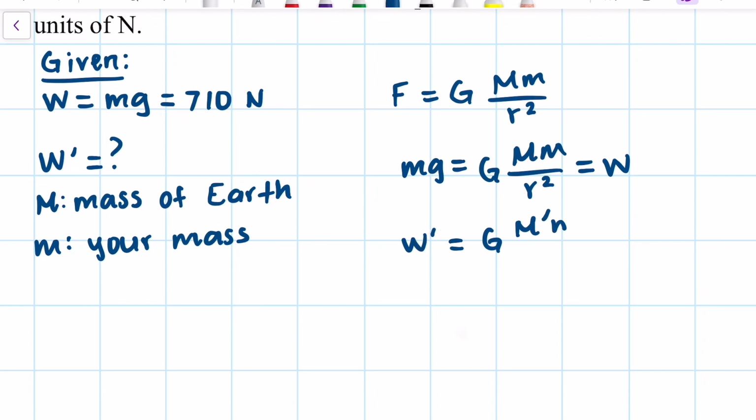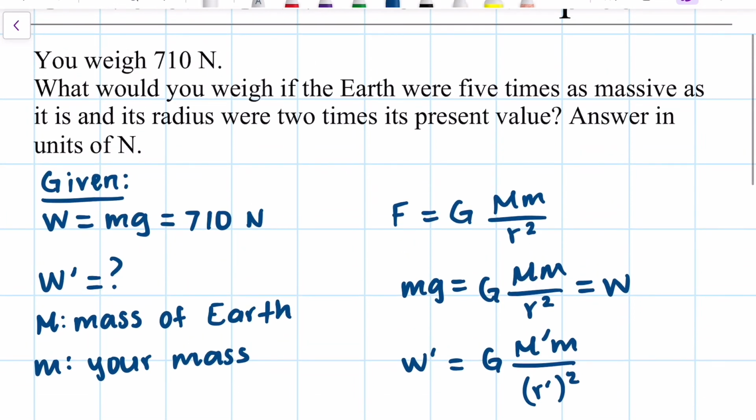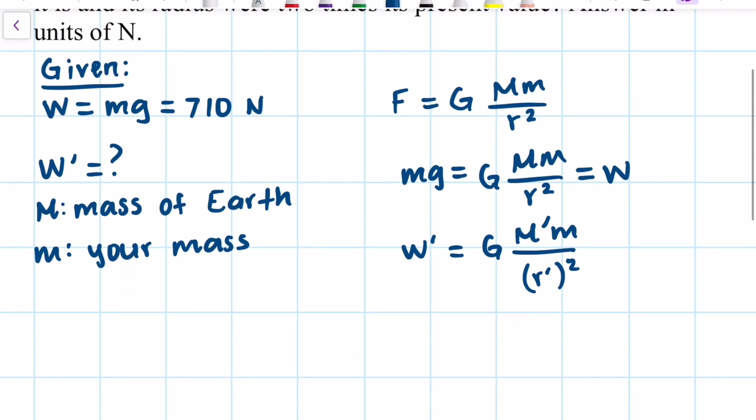Your mass will not change, because what's changing is the Earth, divided by r prime squared, because we are changing the mass of the Earth and the radius of the Earth. We know the relationship between them, which is to say, the new mass for the Earth is going to be 5 times the original mass, and the new radius, r prime, is going to be twice the original radius.